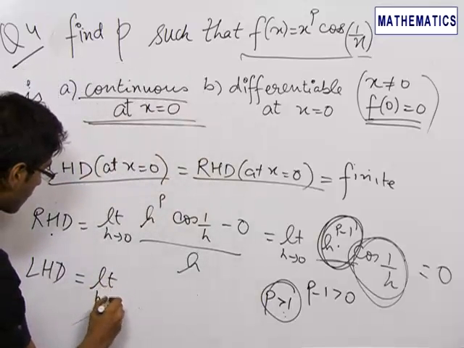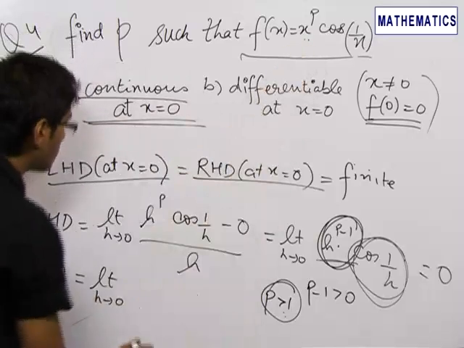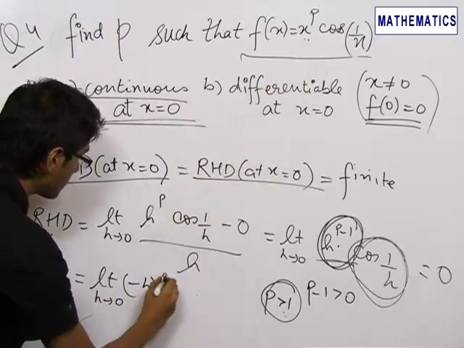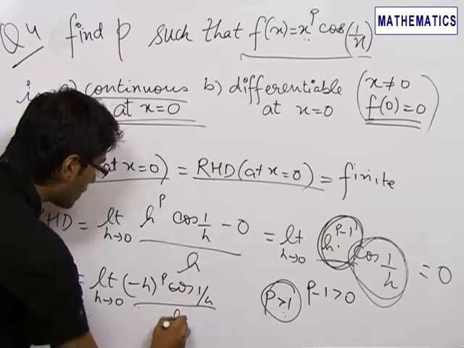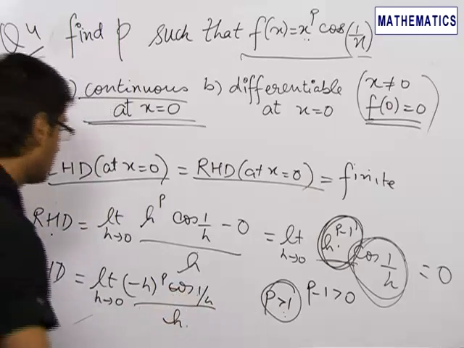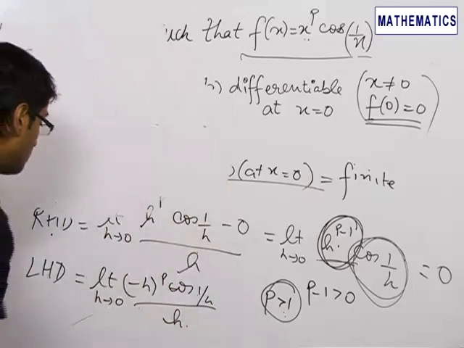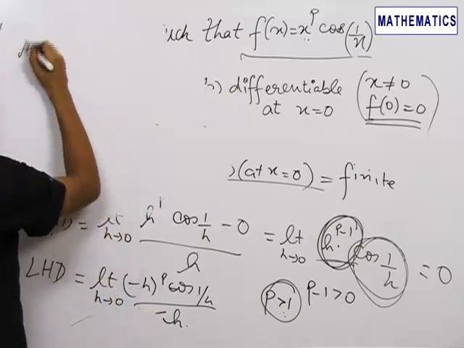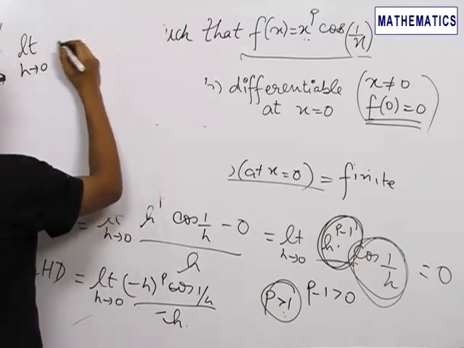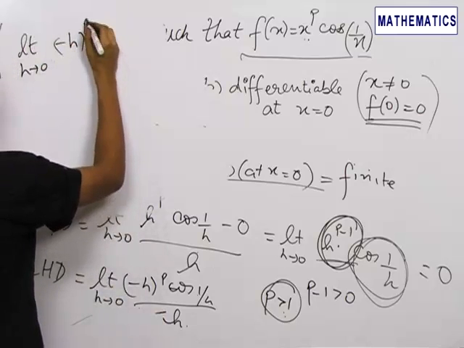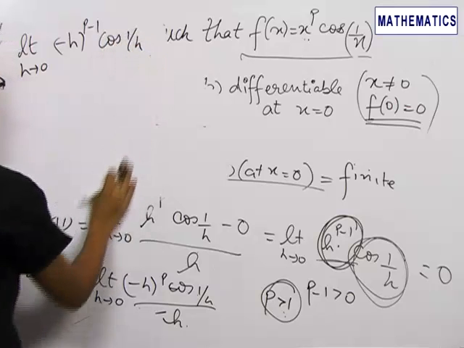Now the left hand derivative comes out to be limit h tending to 0 of (f(0 - h) - f(0))/(-h), which is equal to (-h)^p cos(1/h) minus 0 upon h. Now this becomes equal to limit h tending to 0 of minus h^(p-1) cos(1/h).